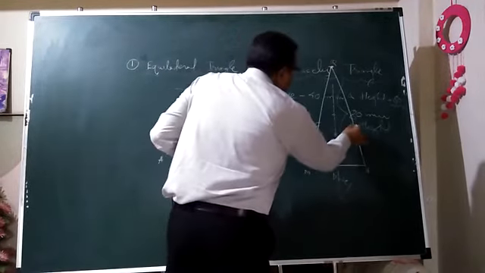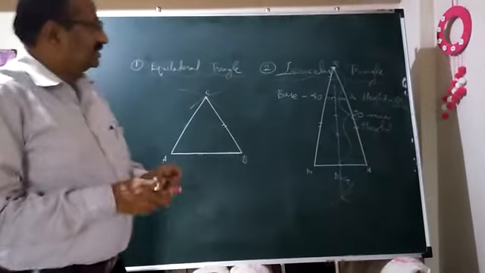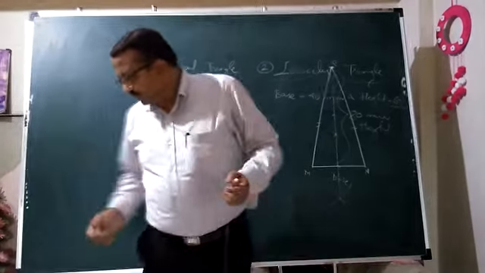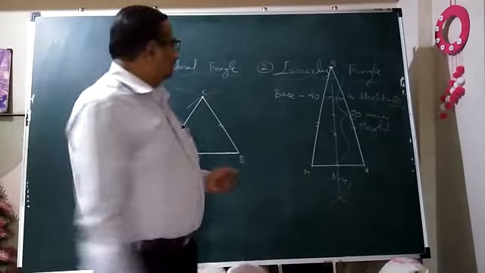These two sides naturally both are carrying the same length, equal length, identical. That's why such a kind of triangle is said to be an isosceles triangle. Okay.